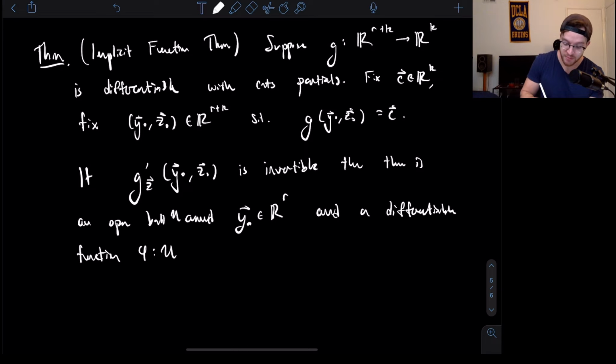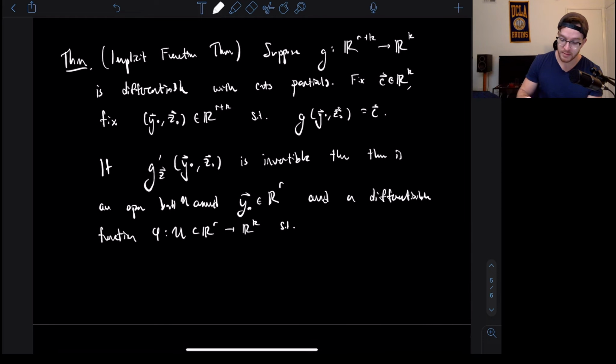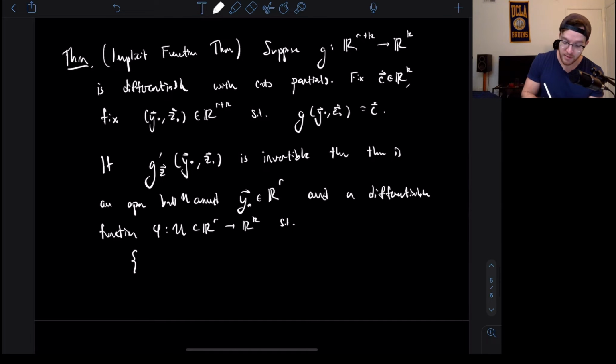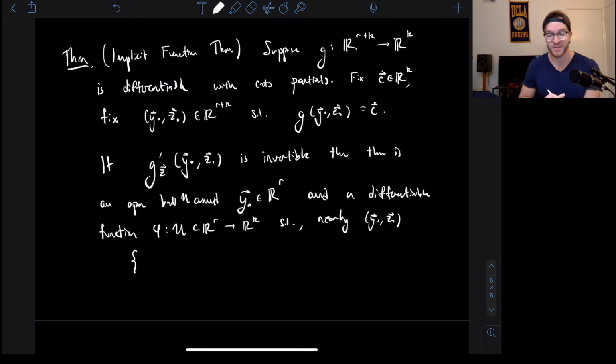This is going to be a function from U, which is a subset of R^r, to R^k, such that nearby the point (y naught, z naught), whatever that means, there's some open set around it, I'm going to ignore those details for now.